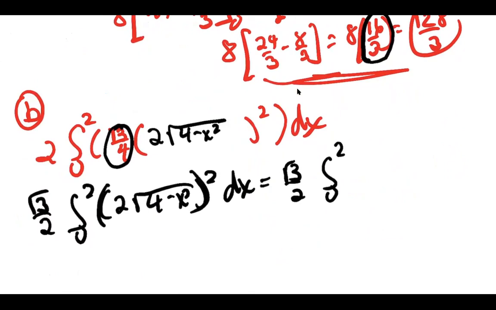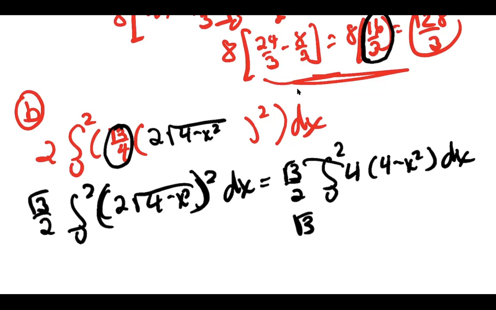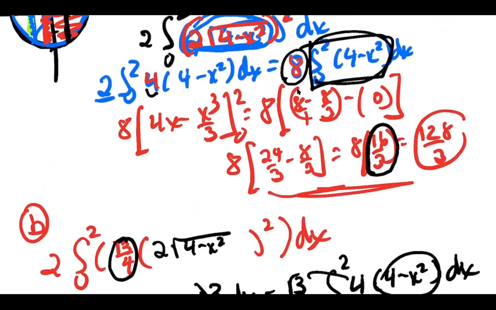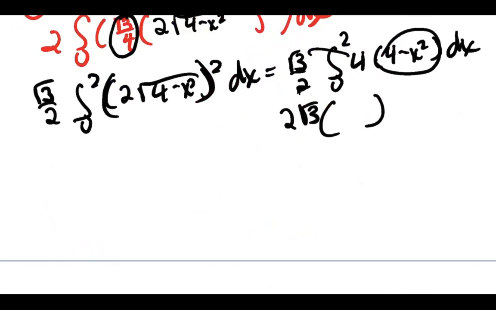If I square all of this, I get 4 times 4 minus x squared dx. So bring this 4 out, and I get 2 square root of 3, because I have 4 square root of 3 over 2. And this part, I think, was the part that was 16 thirds. So I'm getting 32 root 3 over 3.